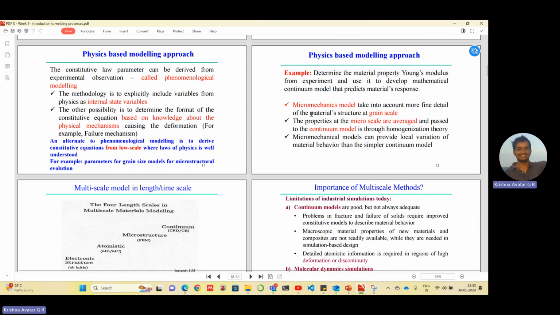So in the physics-based modeling approach, we start with a micromechanics model, which takes into account finer detail of the material structure at grain scale. And after that, we average the quantities and pass it on to the continuum model through a well-known process in the theory of composites, which we call homogenization theory.